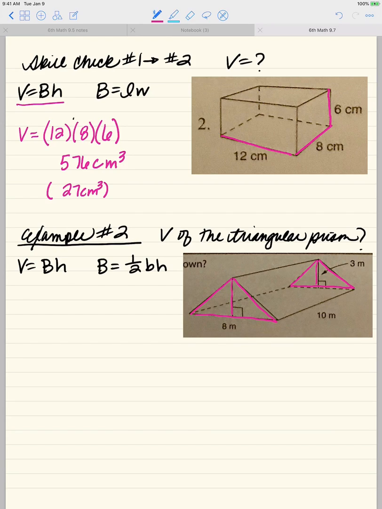Okay, so when we're figuring out our volume, we're going to do volume is equal to big B, which in this case, the area of a triangle is 1/2 little b times H. Okay, so volume is big B, which is 1/2 little b times H. So 1/2 times little b, okay, which is 8, times our height, okay, which is 3.